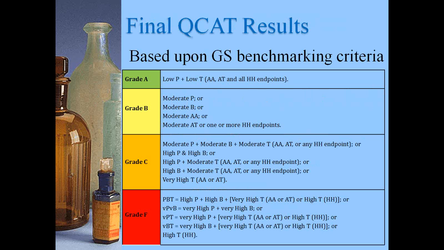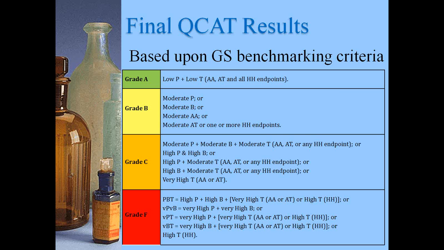This is how you then take that table and say, okay, we've got a table that says all of these highs, mediums, and lows. How do I decide if it's a grade F, a grade C, a grade B, or a grade A? You basically start looking at it and say, okay, is it a PBT? Is persistence high or greater? Is bioaccumulation high or greater?